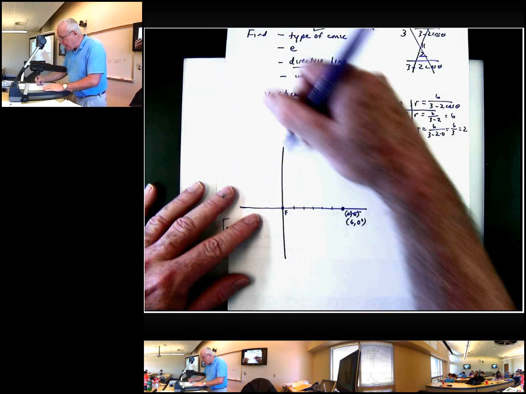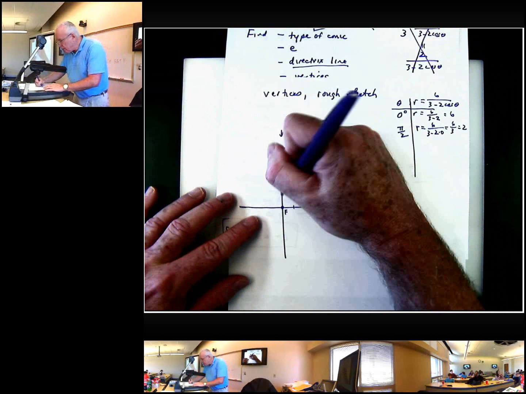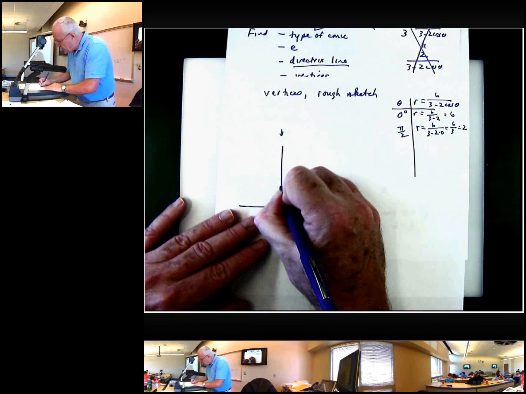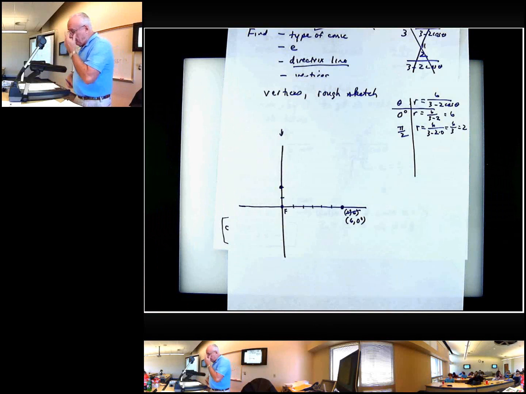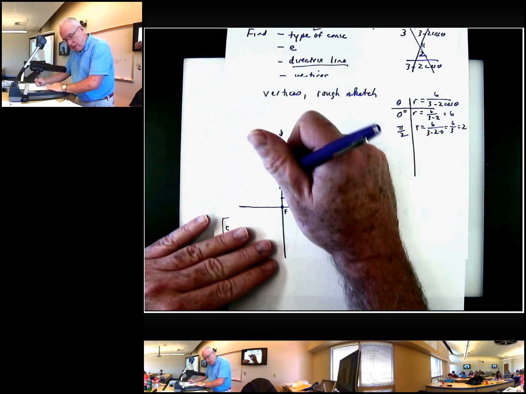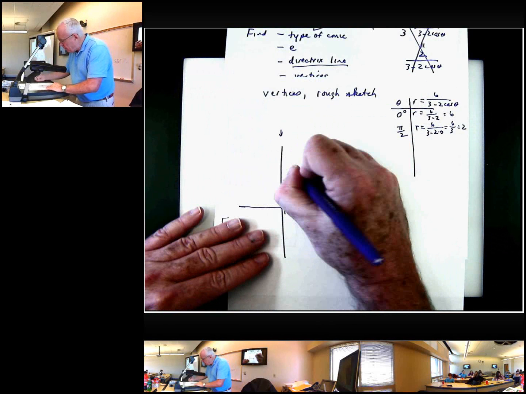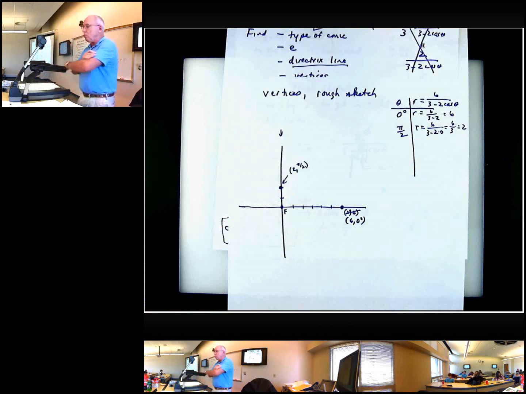So now 90 degrees is going to be up here on this axis, and let's just mark off 2 places, and right here is going to be another point on my curve, and we know it's going to be an ellipse. So this point here is basically (2, pi over 2) in polar coordinates.